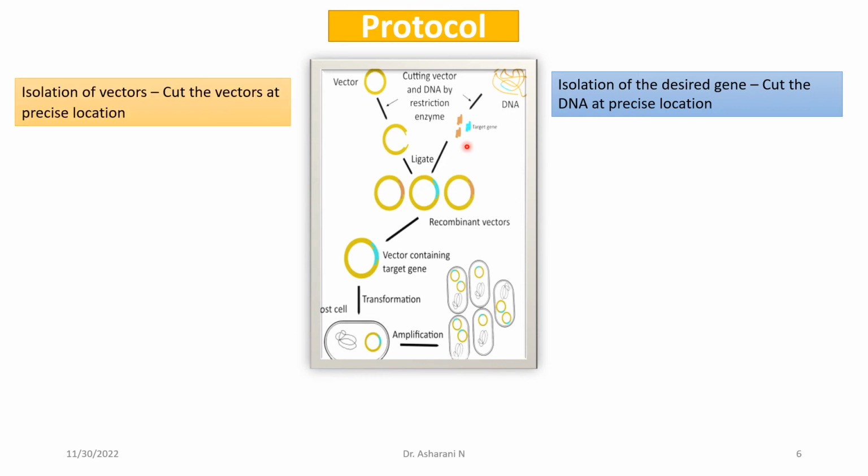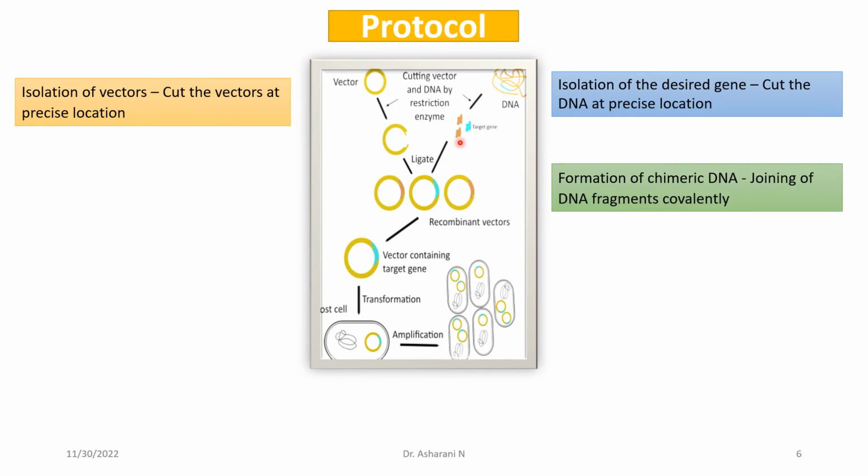The second step is to isolate the vector. Whatever vector is required in the process, we isolate it, and then this vector is cut open by the same restriction enzyme. Now you have a cut open vector and the desired gene.